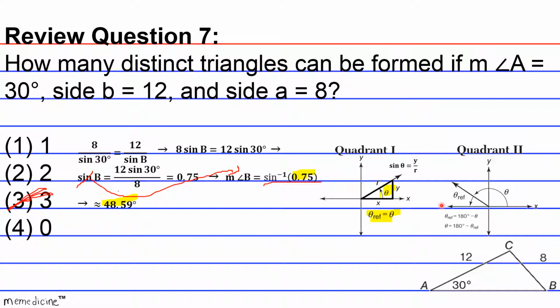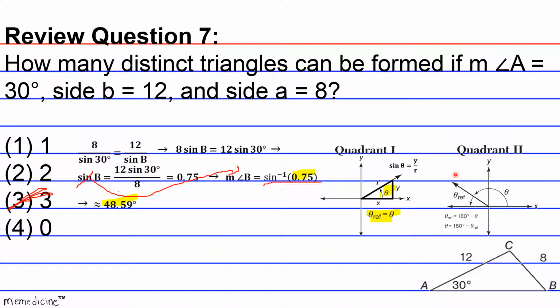So obviously what we're going to do to find out theta is basically subtract the reference angle from 180 degrees, because that's our sum total of degrees in quadrant 2, and you're going to find out the rest of this, okay? Find out what this is.